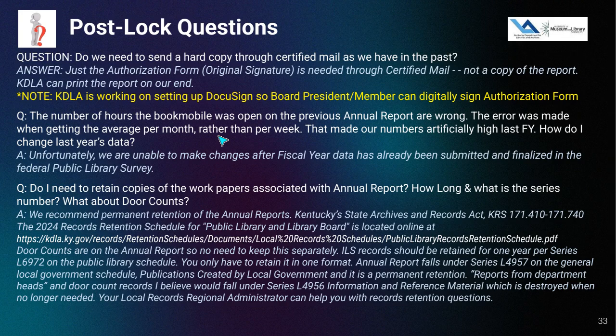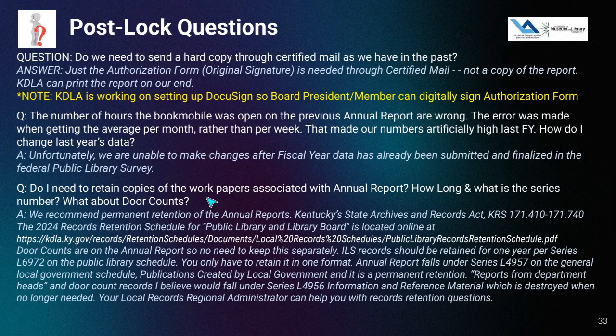We are unable to make changes after the fiscal year data has been submitted and finalized in the Federal Public Library Survey. And I have had people come back after the Public Library Survey, in the next calendar year, and say, hey, this is wrong. I really want to fix it, but we cannot go back in. Once it's done, it's done. Sorry.